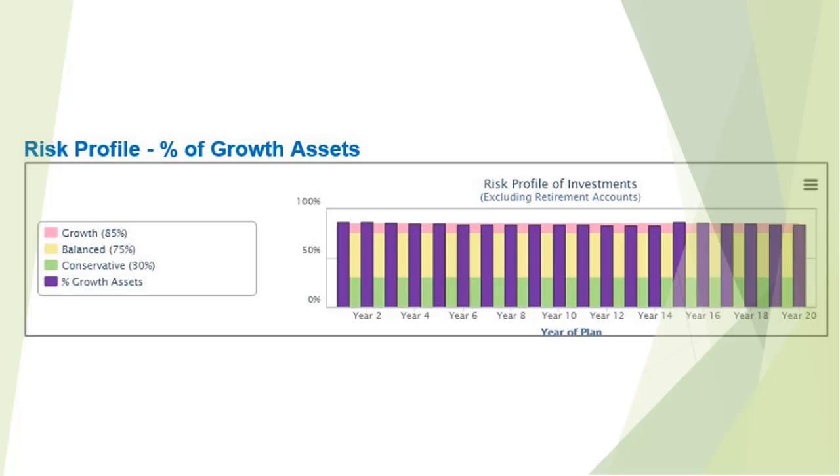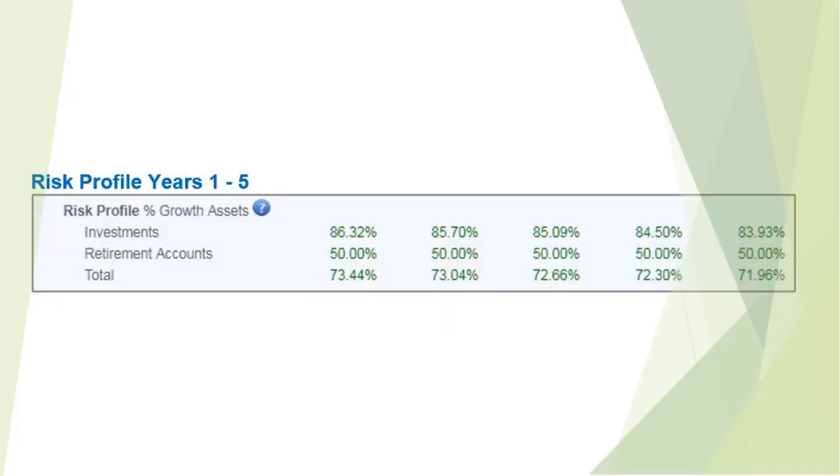The graph divides the risk levels into 4 broad bands: conservative, 0 to 30% growth assets; balanced, 30 to 75% growth assets; high growth, 75 to 85% growth assets; and aggressive, 85 to 100% growth assets. The data view displays all three sets as percentages.